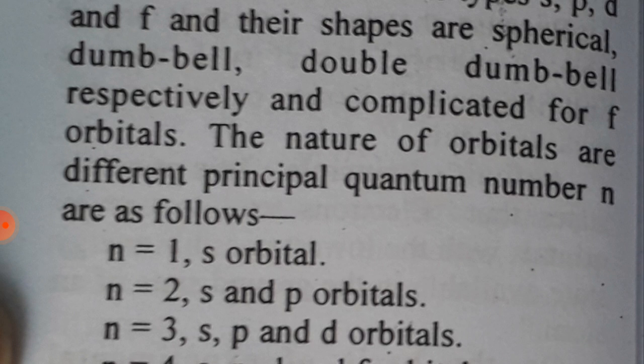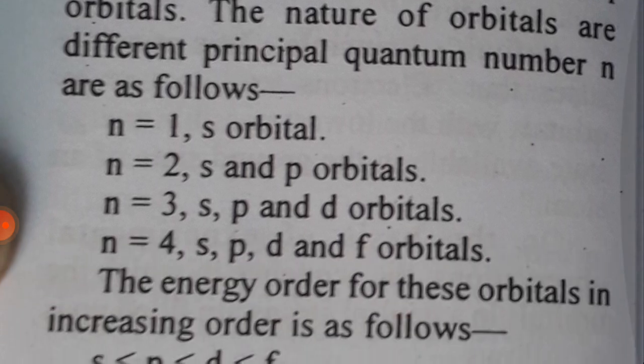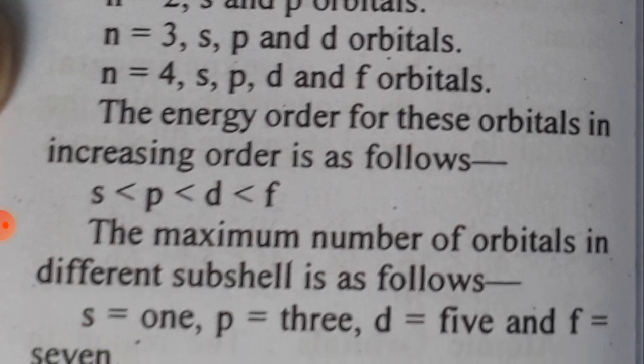The types of orbitals for different principal quantum numbers n are as follows: n equal to 1 has the s orbital, n equal to 2 has s and p orbitals, n equal to 3 has s, p and d orbitals, n equal to 4 has s, p, d and f orbitals.